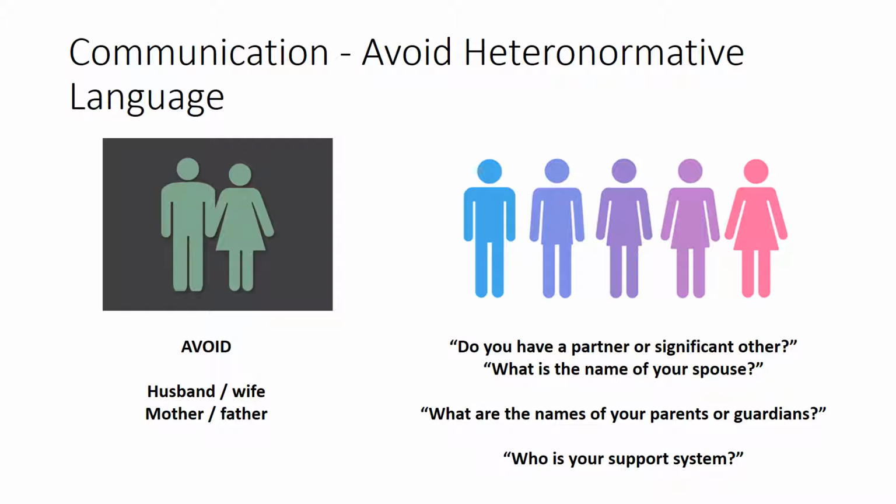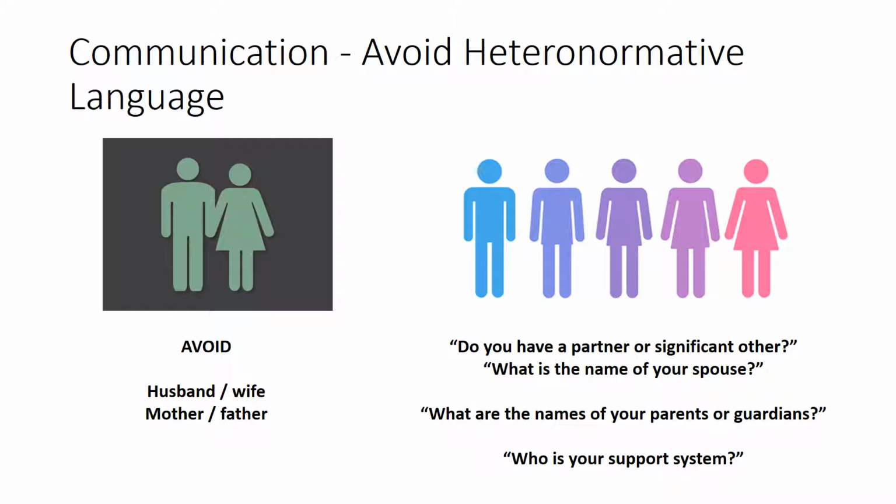What is the name of your spouse? Or, who is your support system? Ask these very broad, open-ended questions that we're not assigning gender to, right? So we're not saying, who is your wife or what is your wife's name? It's, well, what is the name of your partner or what is the name of your significant other? And that can signal to the patient that, oh, this nurse is accepting of me, because it's a very inclusive kind of question.